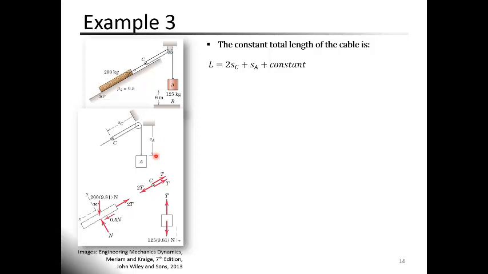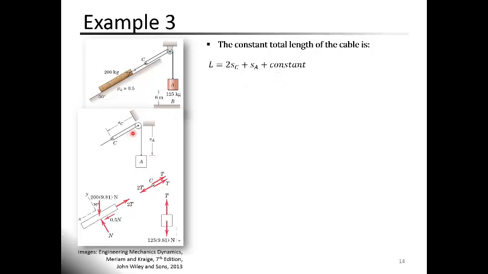In this case, we start with a simple equation, which is the length of the cable. We know that the length of the cable is constant, but we need to find the relation between the length of the cable and the positions S sub C and S sub A. The length of the cable L is equal to, since we have a double length here, 2 multiplied by SC plus SA plus a constant.